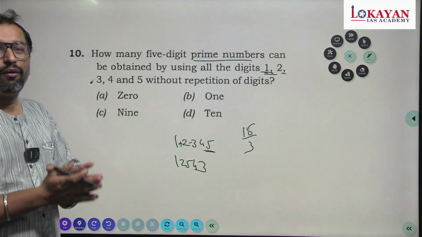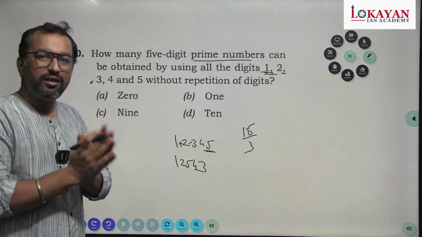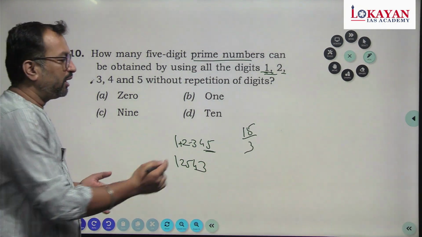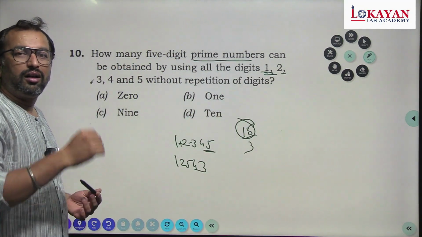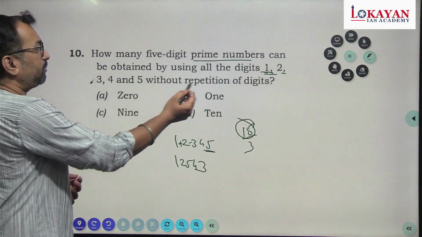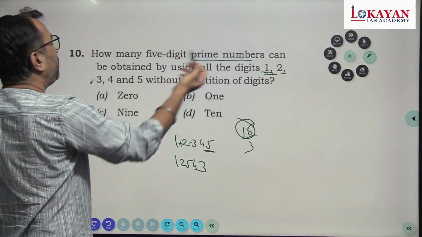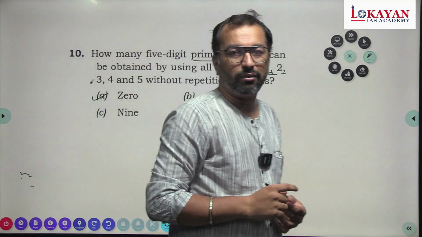That means for any permutation, that number is going to be divisible by 3. Because the sum of the digits is 15, it is definitely going to be divisible by 3. That's why, how many 5-digit prime numbers can I form? 0. I cannot form any 5-digit prime number. Correct?